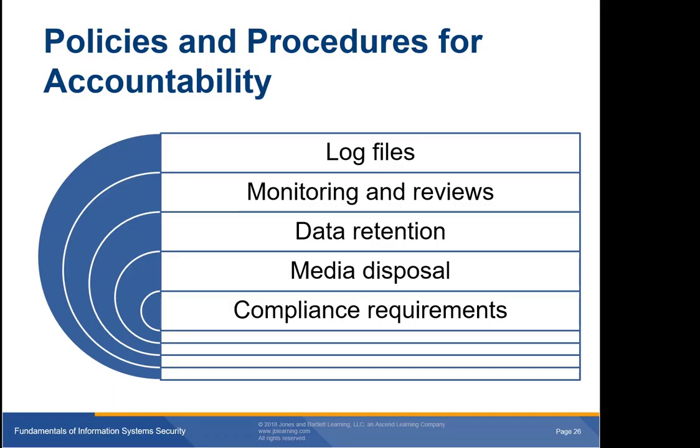Next is monitoring and reviews. One of the main reasons to track user access activities is to detect questionable actions and respond to them. That means you should use software that monitors your activity logs and generates alerts when it finds suspicious activity. Continuous monitoring is an important part of a secure access control system, but not all suspicious activity is obvious. At times, the only way to detect account policy violations is to review users' actions over a period of time.